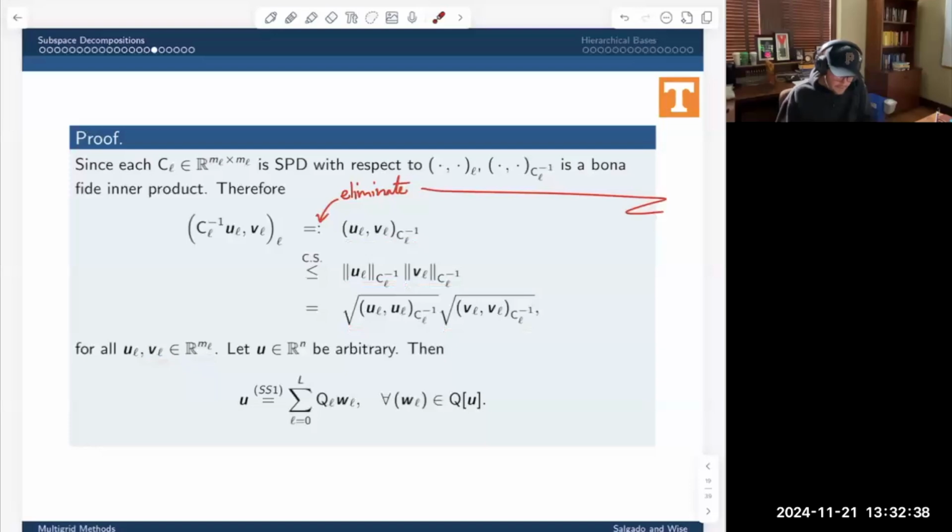Now let's let U be arbitrary. Then we know that U can be written, because we have a subspace decomposition, as a sum of QL WL for any WL in the Q class of U. There can be a lot of ways of writing this.